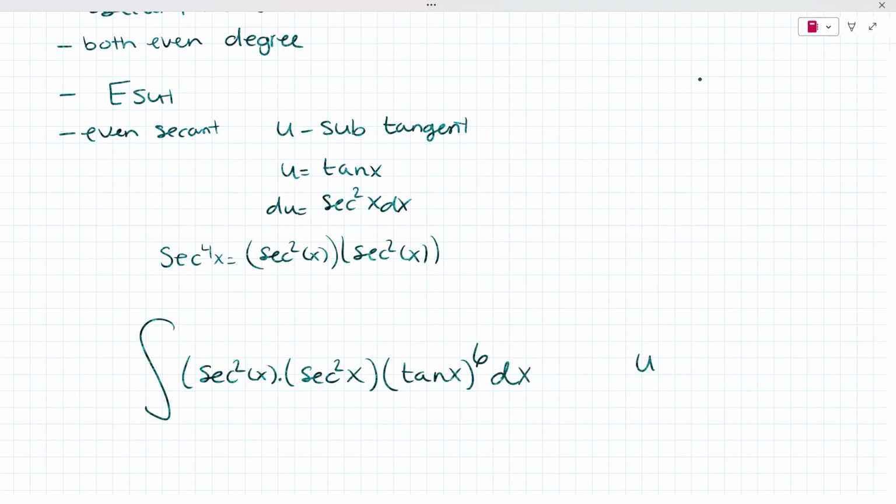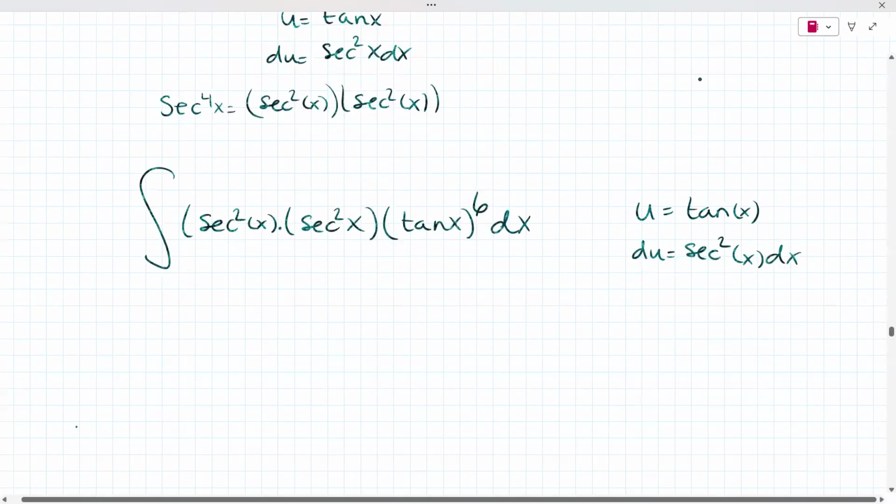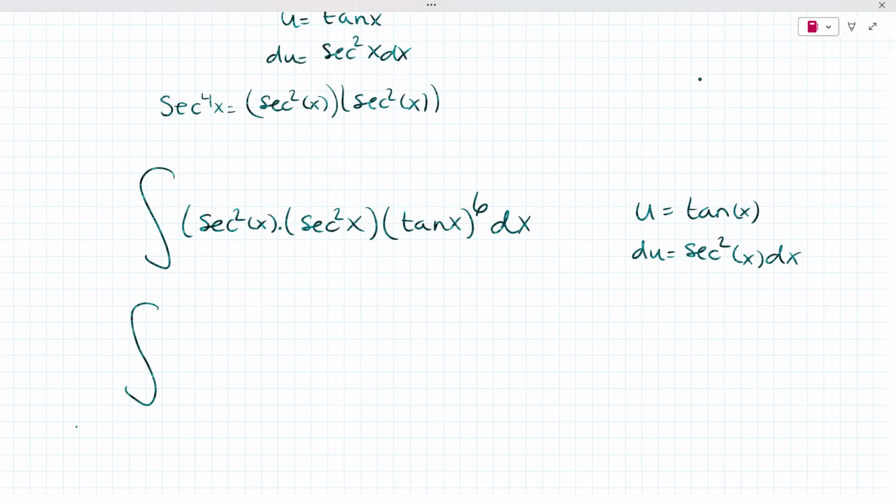And since we set u is tan of x, the derivative du is secant square of x dx. So we're going to rewrite this problem.